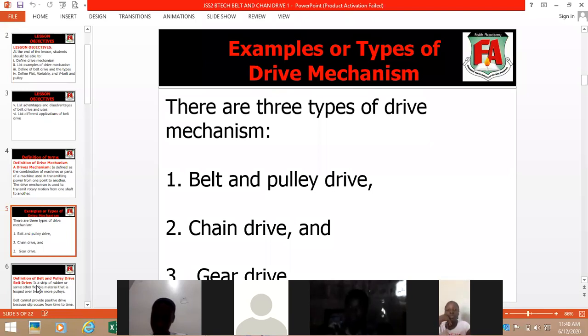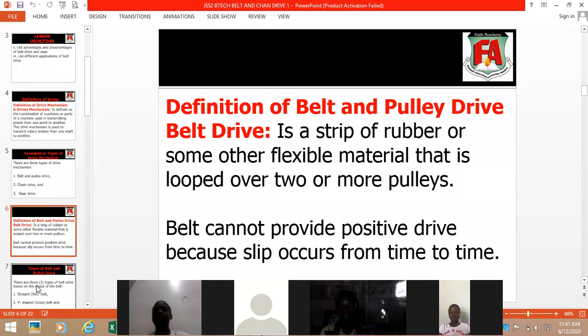Okay, we're going to be looking at the definition of all of these types of drive mechanism one after the other. Let's start with the belt drive and pulley. What is a belt drive and pulley?